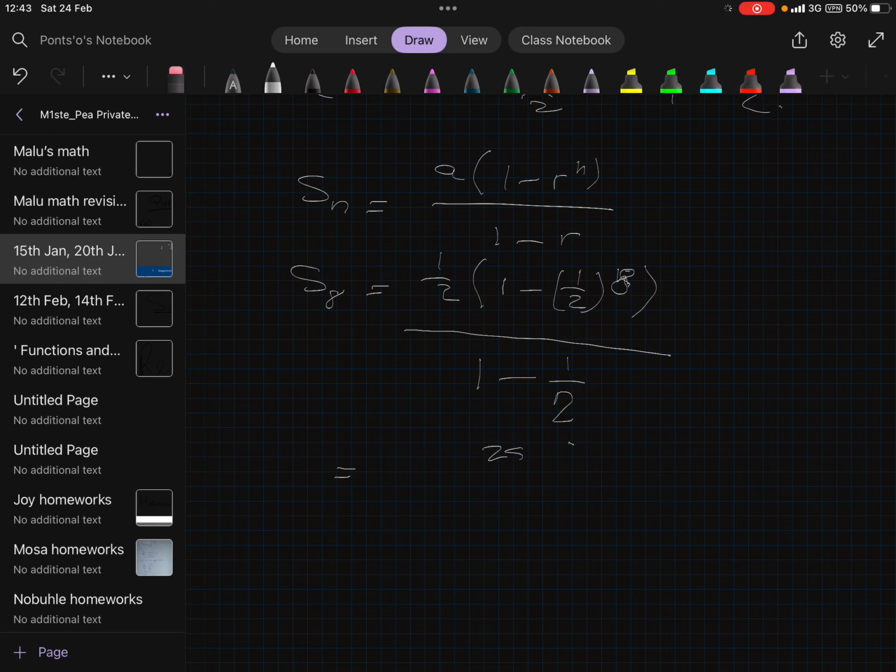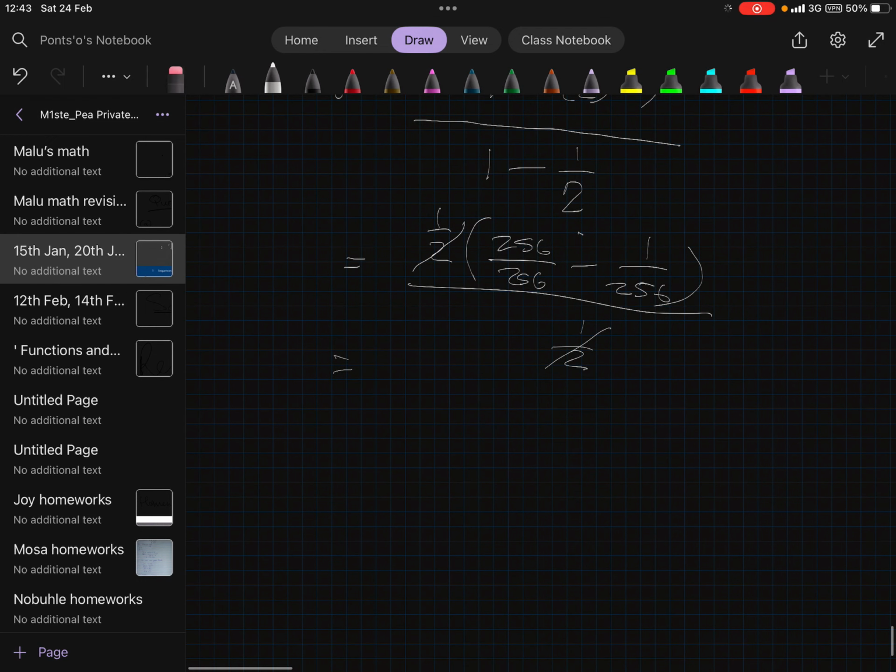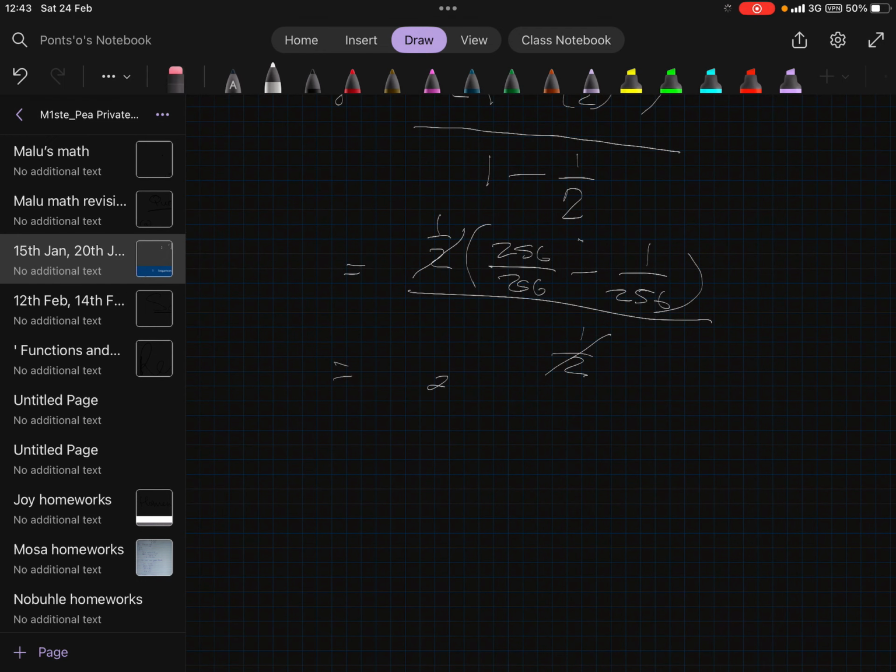So 1 minus 1 over 256, that's 256 over 256 minus 1 over 256, times a half over a half. These become 1. So we're just left with 255 over 256.